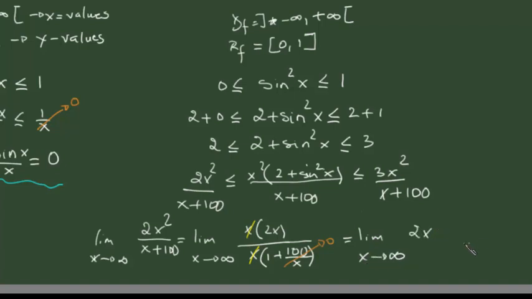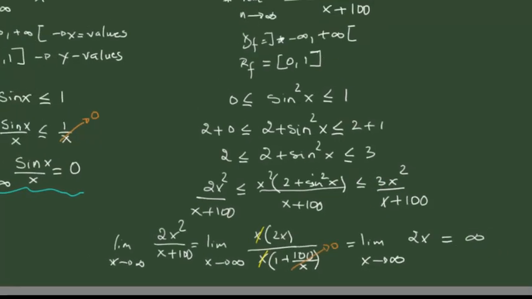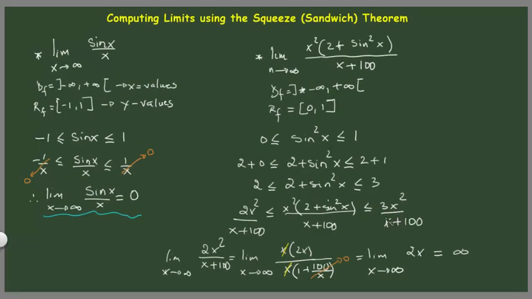And this is definitely, when you plug in infinity here, the whole thing goes to infinity. So we have now that the outside function tends to infinity, and consequently, by the squeeze theorem, we will say that the one in the middle tends to infinity, right?